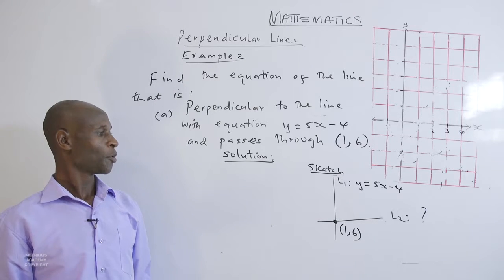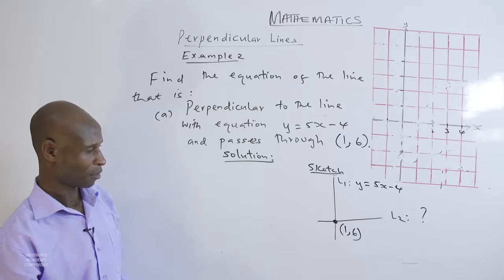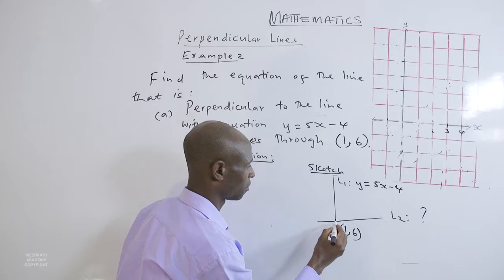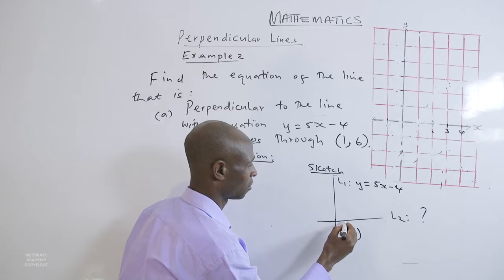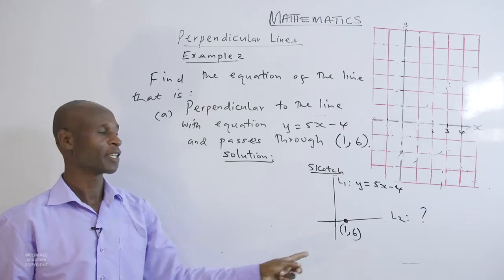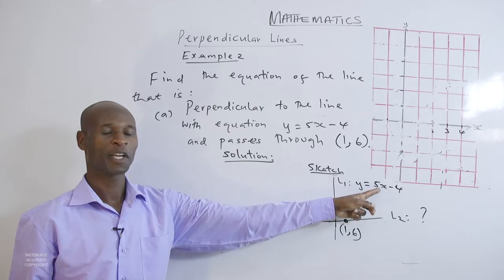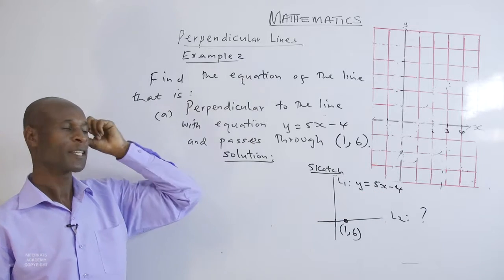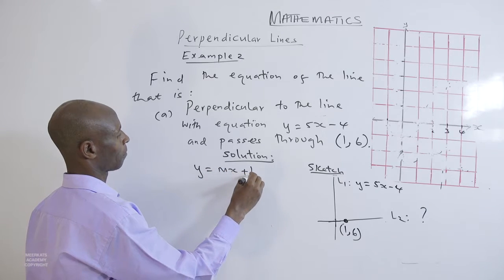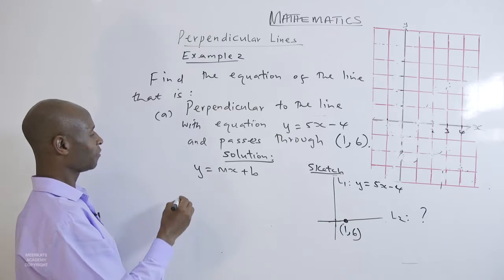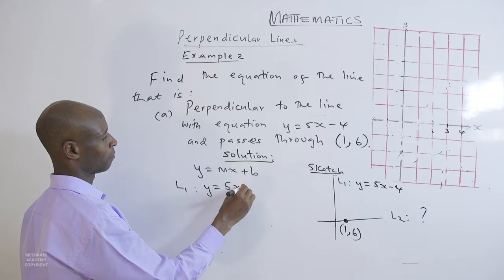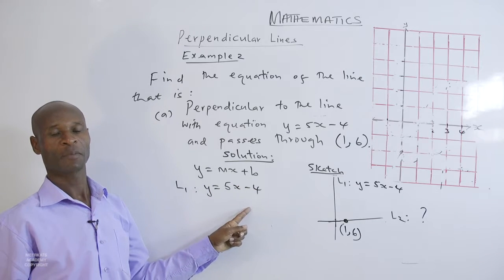Now what we do, we first of all establish that the line 2 is passing through the point 1, 6. We first of all express the equation in the form y is equal to mx plus b. In this case, for line 1, y is equal to 5x minus 4.